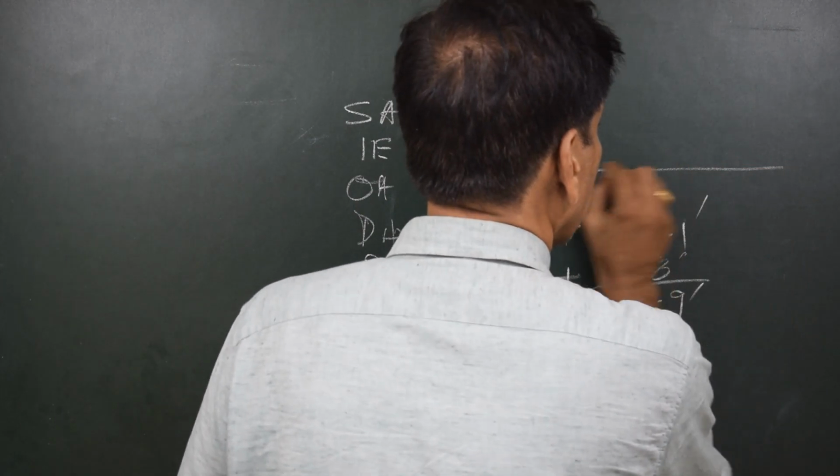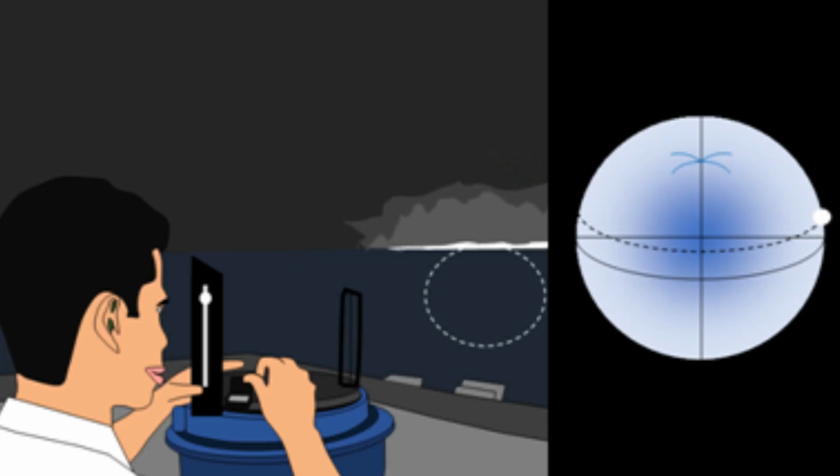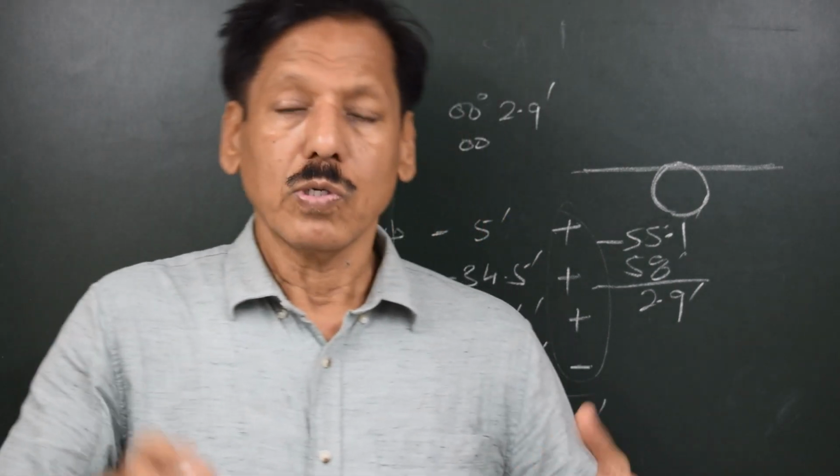That means if this is the horizon, the upper limb of the moon is almost touching the visible horizon. So this is the suitable time when the moon's amplitude should be taken.